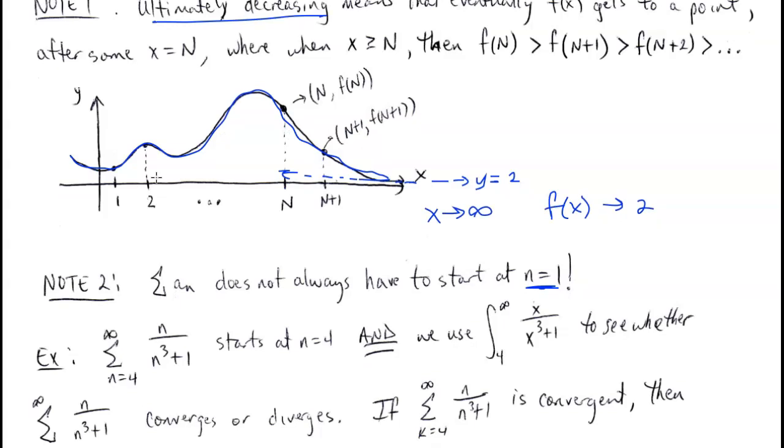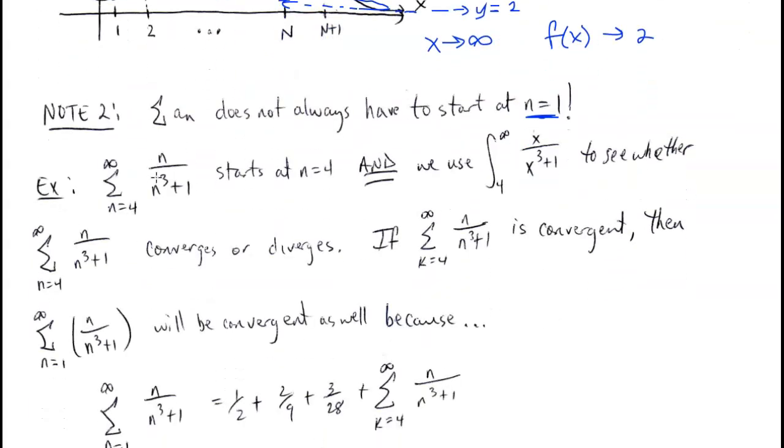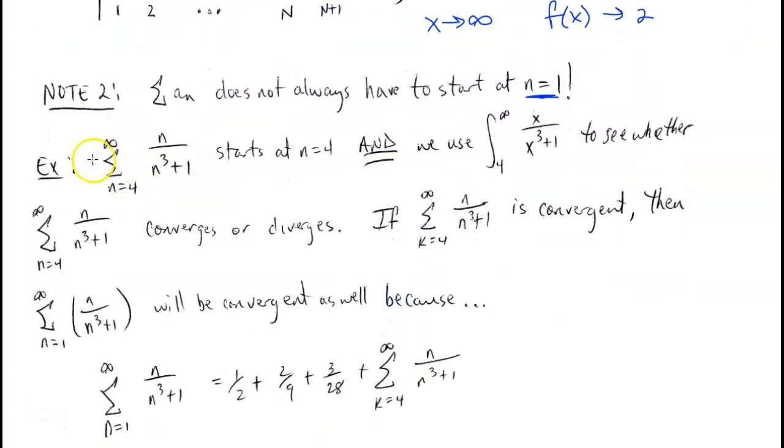Okay. So in the example that I have here, we see that we have this particular series, and it starts at n equals 4. Okay, and we could use this particular improper integral to evaluate it to see, hey, is it going to converge or not? Okay.